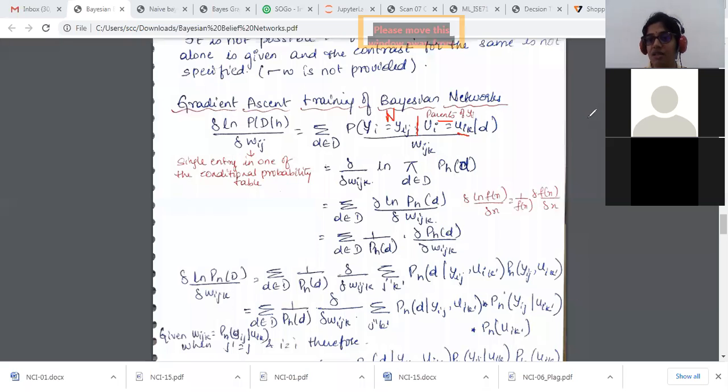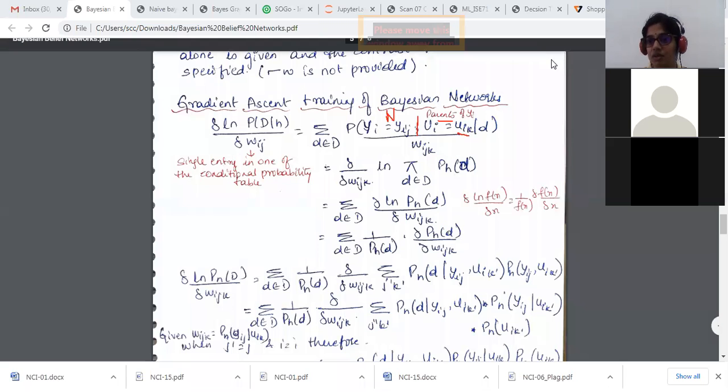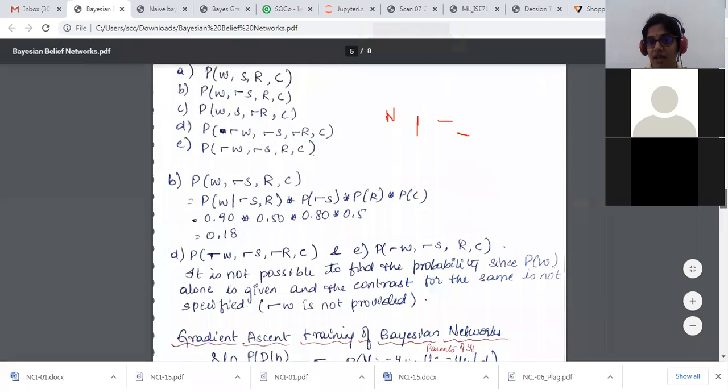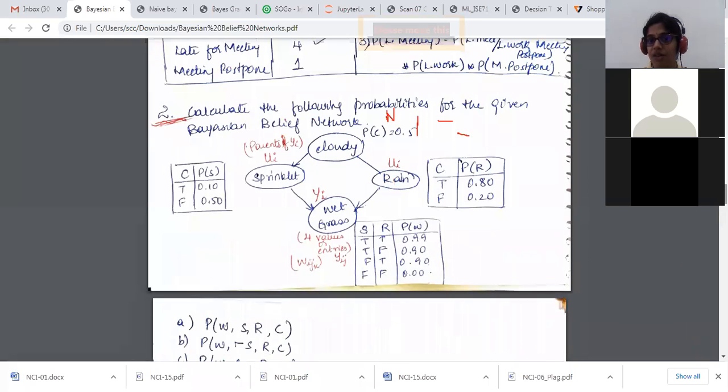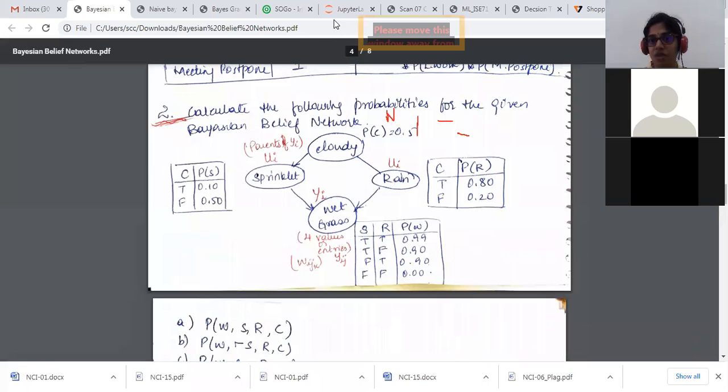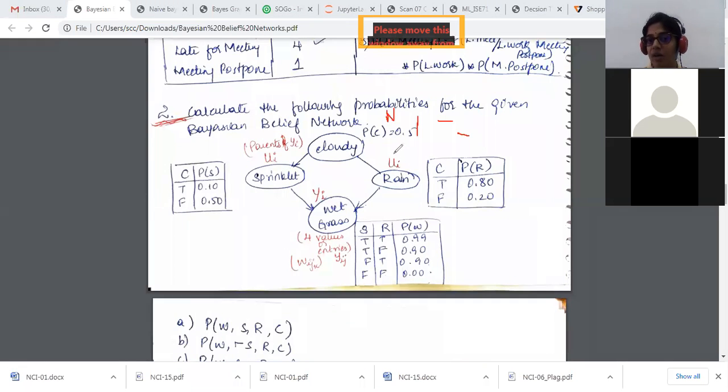Let me show you what this is. I've written it over here again. Yi is my node, and ui are my parents, so the parents of yi are these two ui. Along with that, I'm looking at each value of yi.